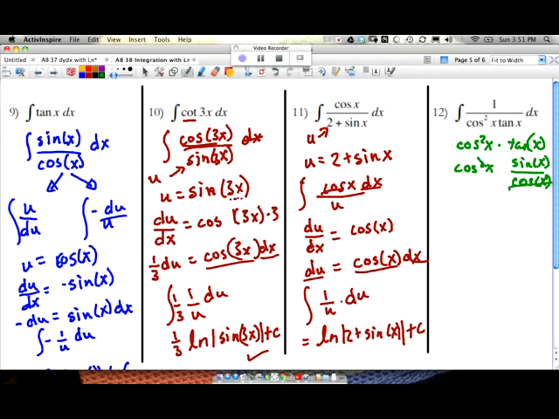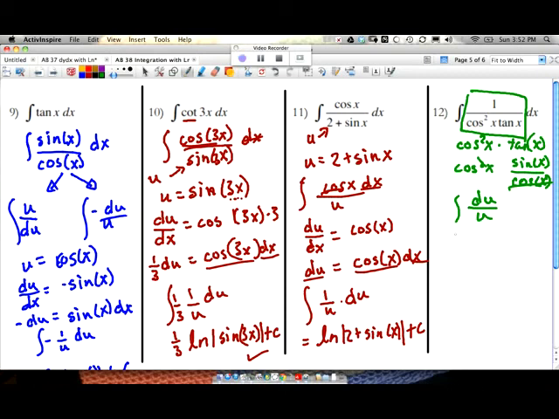And then you'd have this weird 1 over cosine times 1 over sine. But here's something that I see that would actually help us move along a lot easier. It's trying to piece this thing together in such a way that you'd have a derivative on top and an original on bottom. And here's what we could do.